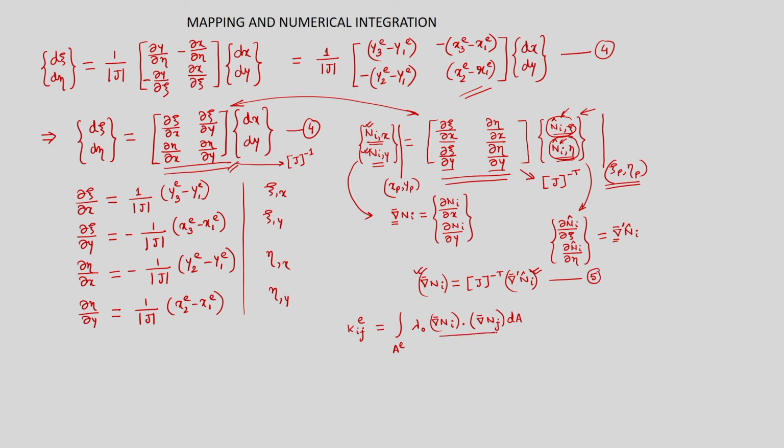Why? Because if I take the dot product of this, that refers to del Ni del x del Nj del x plus del Ni del y del Nj del y.